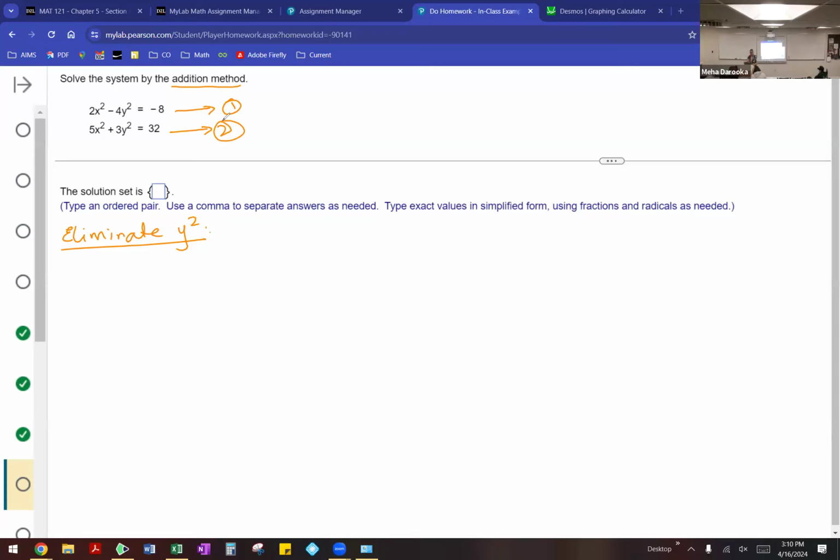So what do we multiply equation 1 with, and equation 2? There we go. Alrighty, so we are going to multiply, then we'll add.